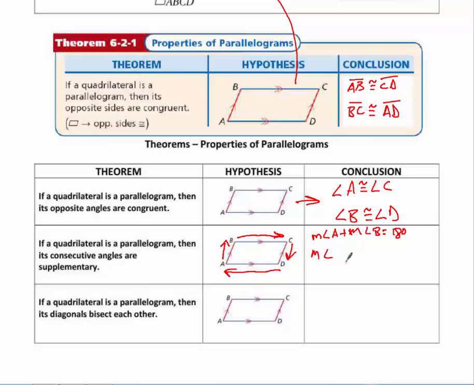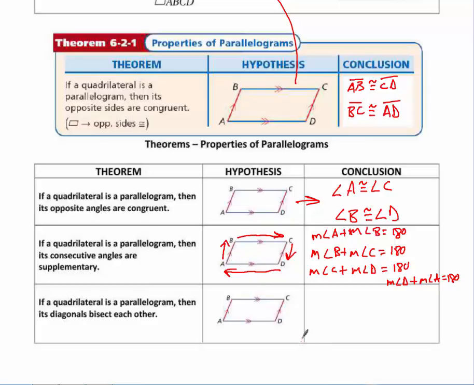The measure of angle B plus the measure of angle C equals 180. The measure of angle C plus the measure of angle D equals 180. And I don't have room, but I'm going to write the measure of angle D plus the measure of angle A also equals 180.